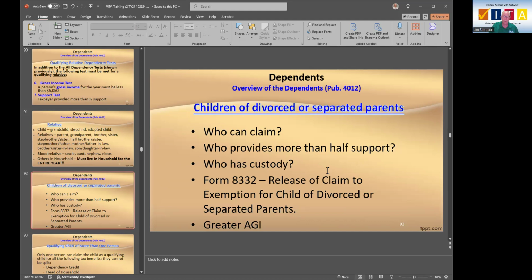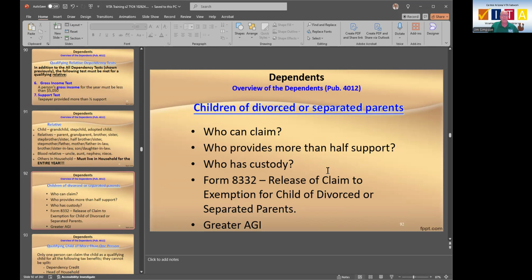Now, often court decrees, this is very common, will say, okay, the wife has to pay the husband child support and so on, but she gets to claim them in the even years, and the husband gets to claim them in the odd years, regardless of where they live. That's a court decree. A judge ordered that. The IRS doesn't care what the court ordered.